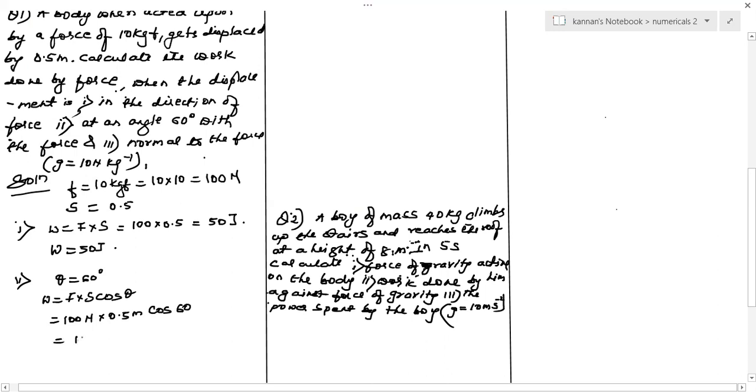So this becomes 100 Newton into 0.5 meter into 1 upon 2. This 2 will get cancelled with the 100, 50 times, and the decimal goes off. So this is 25 Newton meter, that is nothing but 25 joules.